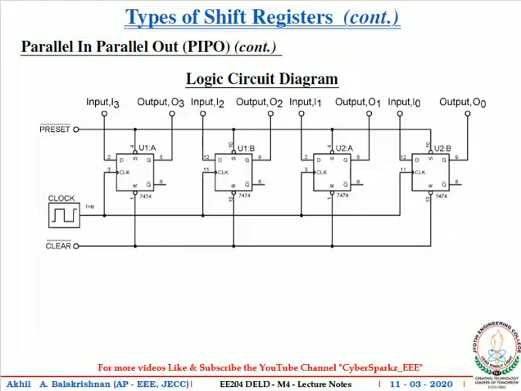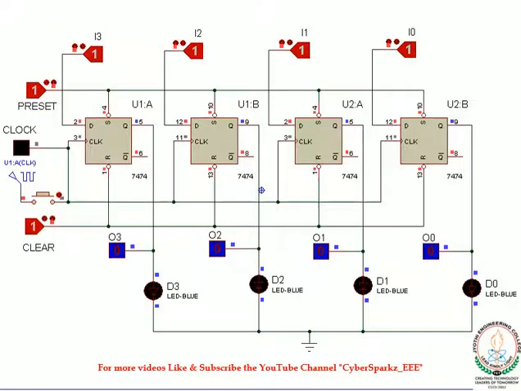Now let's have a live simulation to understand further about the PIPO shift register. So let's check the asynchronous inputs first. Making the preset 0 will set all the flip-flops and the clear 0 will reset all the flip-flops. Now you have to provide your input data.